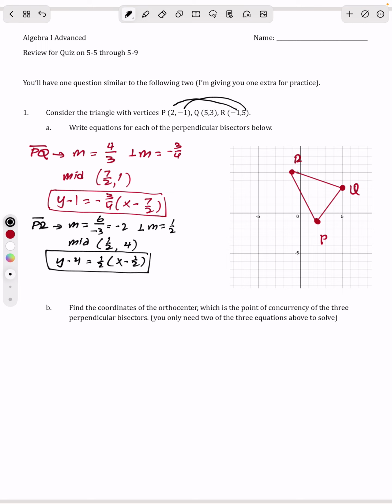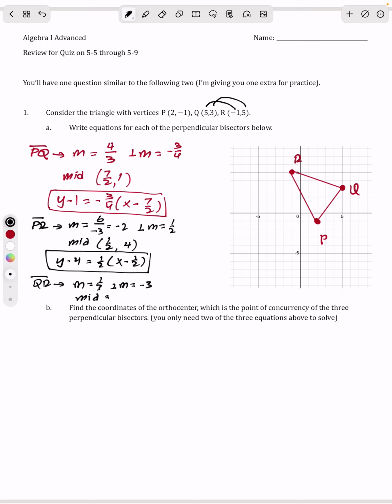And then what's the other one? PQ, PR, and then I guess QR. I'm going to run out of room here, so I'm going to do this on one straight line, straight across here. So QR, the last 2 points, I have 5 minus 3 is 2, negative 1 minus 5 is negative 6. So that's 2 over 6, 1/3. M equals 1/3. My perpendicular slope is therefore negative 3. I can squeeze the midpoint down here.